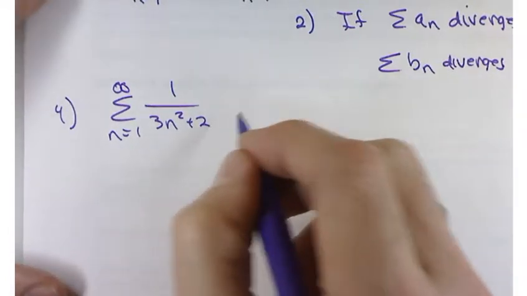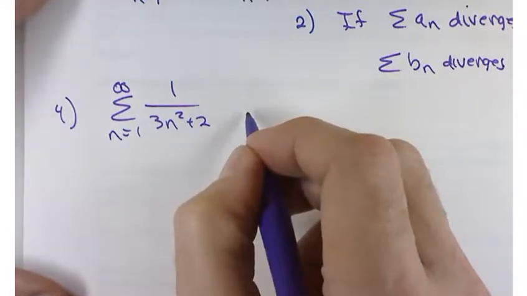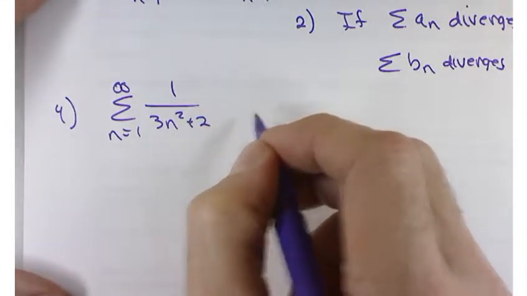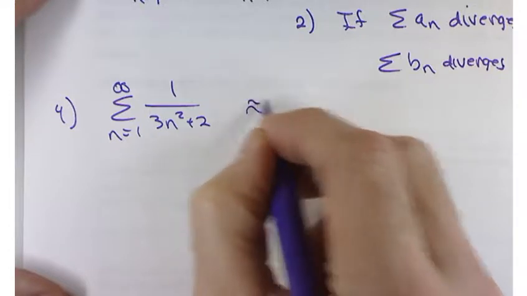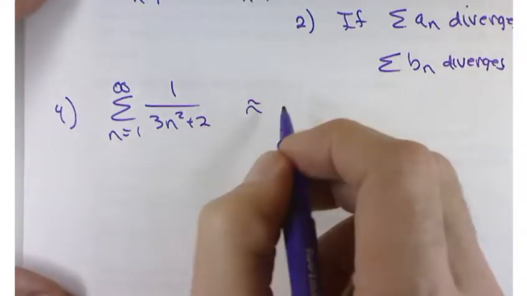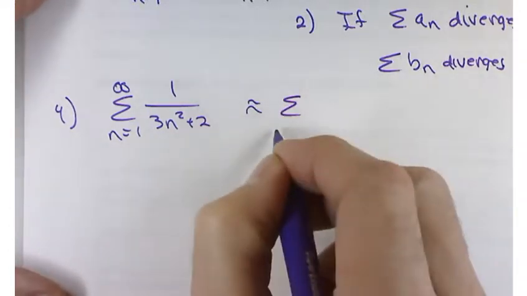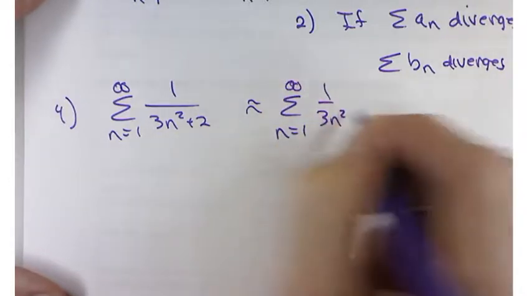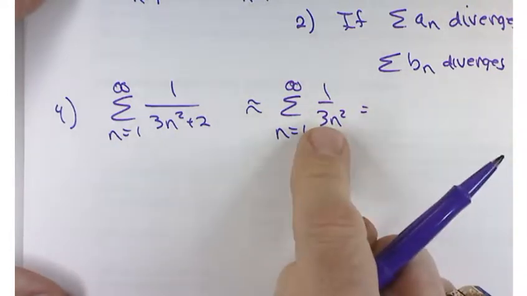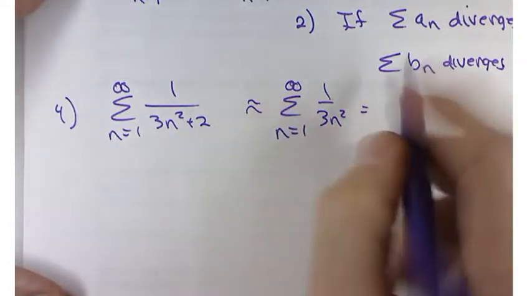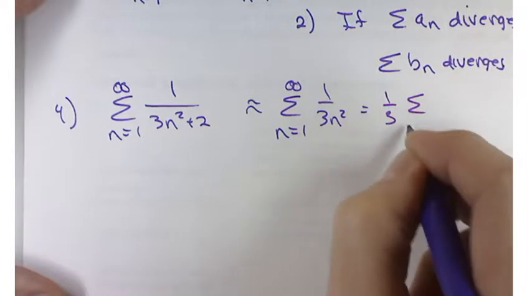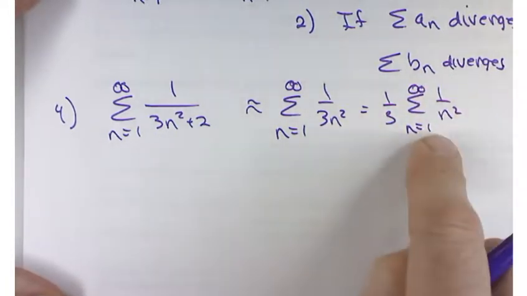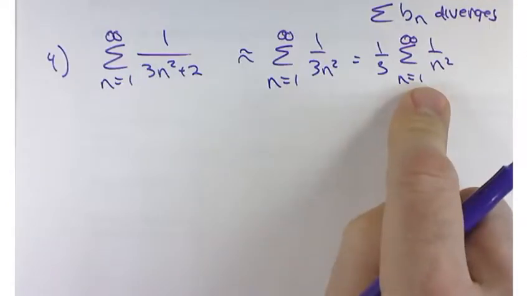You can't do this in terms of a proof, but at least it gives us an idea of what to expect, roughly speaking. Other than the plus 2, this kind of looks like the sum from n equals 1 to infinity of 1 over 3n squared. And the 1 over 3 part can be factored out, so I get the sum from n equals 1 to infinity of 1 over n squared. So I'm looking at something like this.